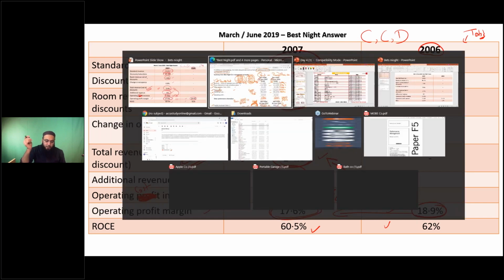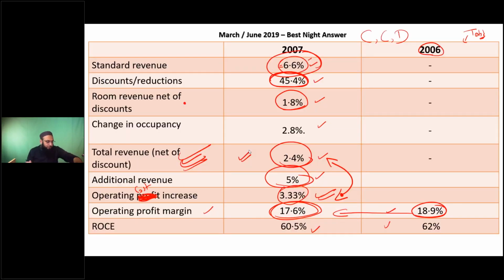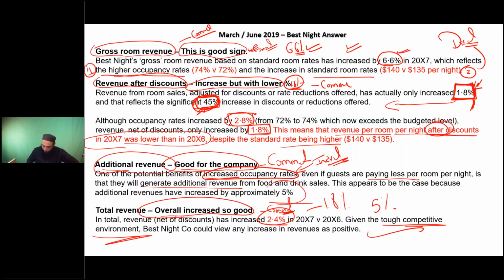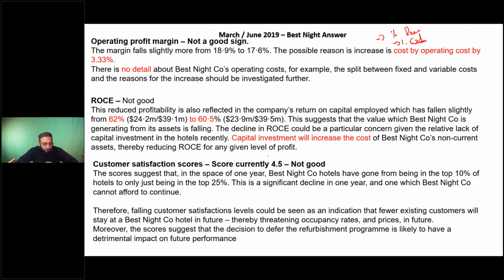So obvious. Clear? Understood? So just compare 2.4 with 3.3, and in every given scenario, you can do the same thing. Every given scenario. So the operating cost increase is by 3.3% compared to revenue increase by 2.4%. That's why operating profit has gone down.